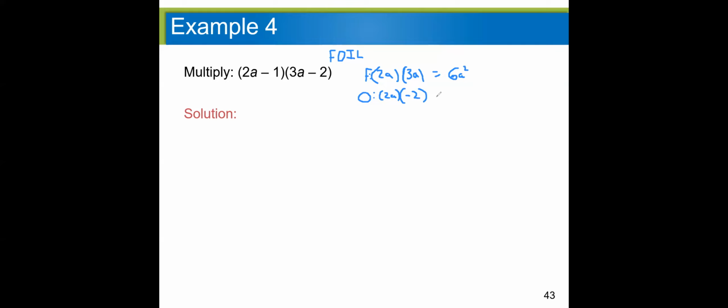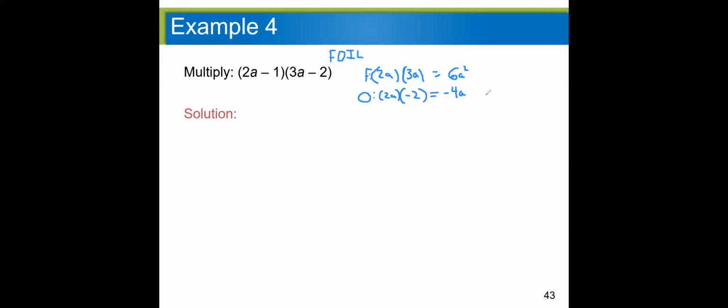I don't have a way in FOIL of dropping down my operators like I did in the previous example, where everything just kind of fell down in place as I was working it horizontally. The operators fell vertically. That's not an option with FOIL. So instead, I'm going to drag that subtraction sign in that second binomial into a negative 2 for my outside terms. And then here we get minus 4a. Important note here, that negative was dragged along in the FOIL process, showing up as negative 4a.